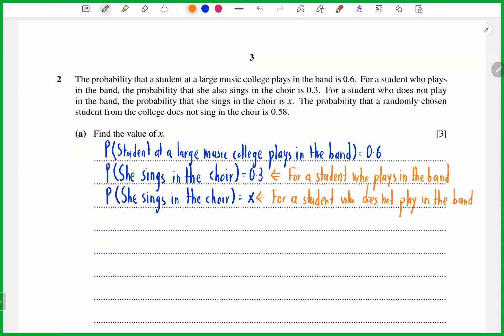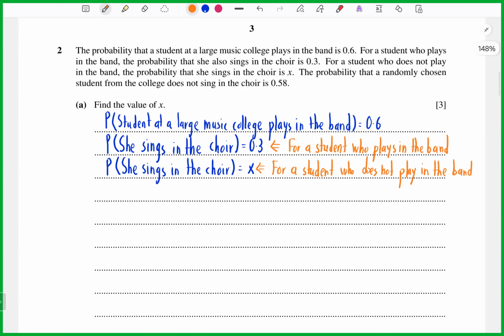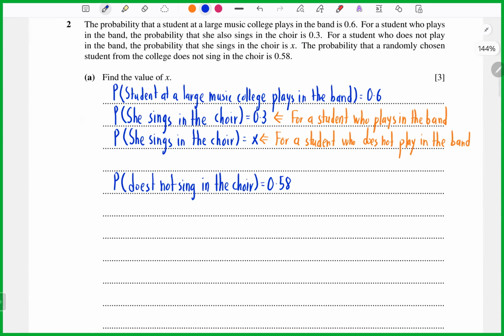And now you see the last sentence: the probability that a randomly chosen student from the college does not sing in the chorus is 0.58.